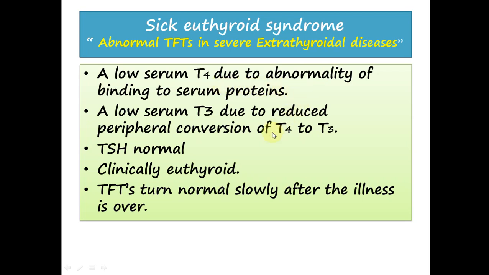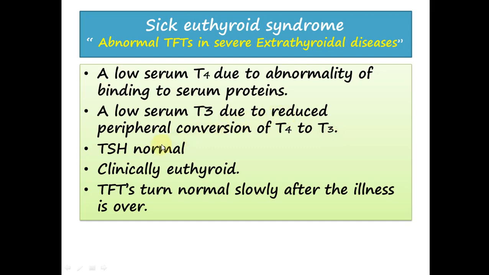And also in extrathyroidal diseases and in sick euthyroid syndrome, there may be reduced conversion of T4 to T3. We know that T3 is the active hormone, and the T4 or thyroxine should be converted by the deiodinases to T3, triiodothyronine, before it can efficiently exert its effect.